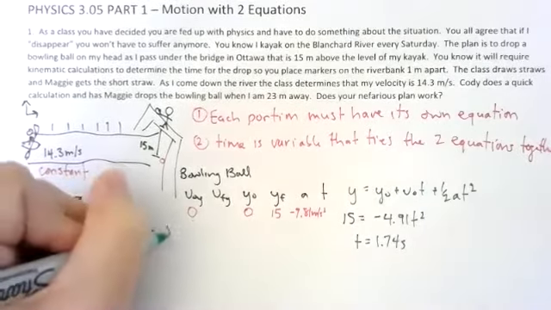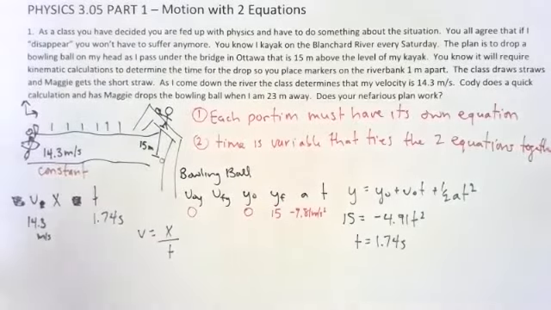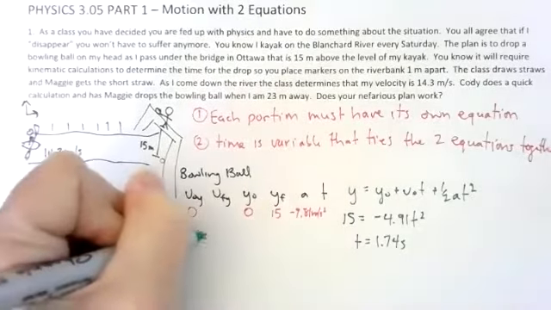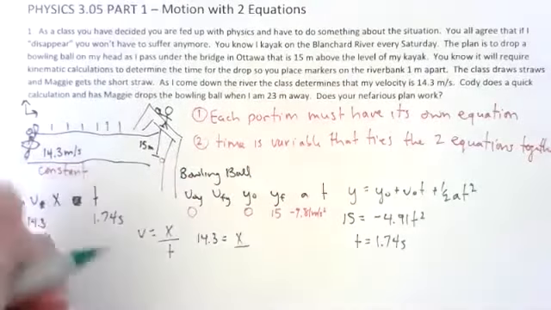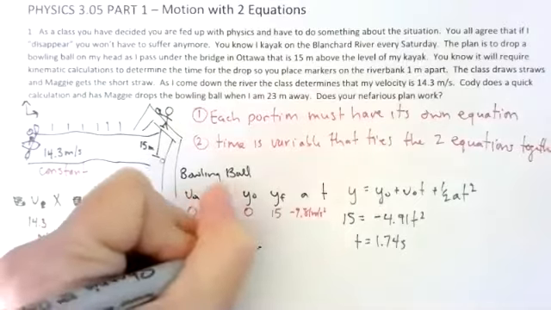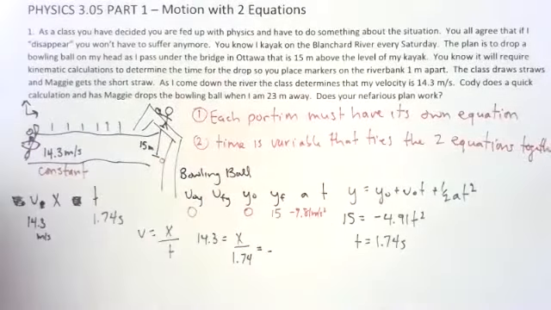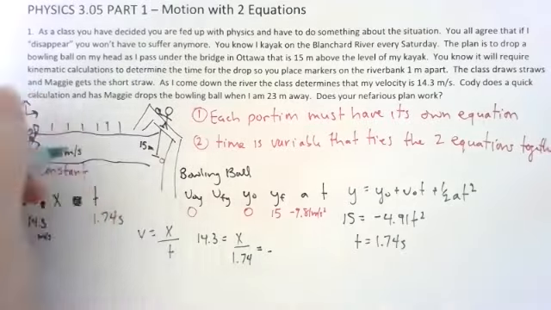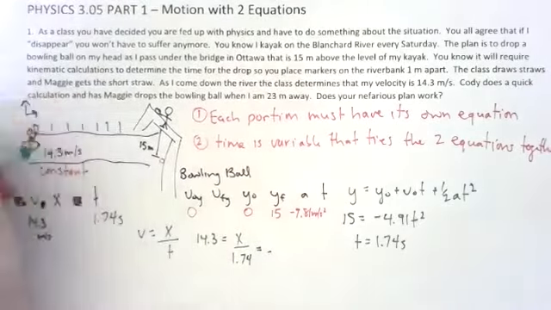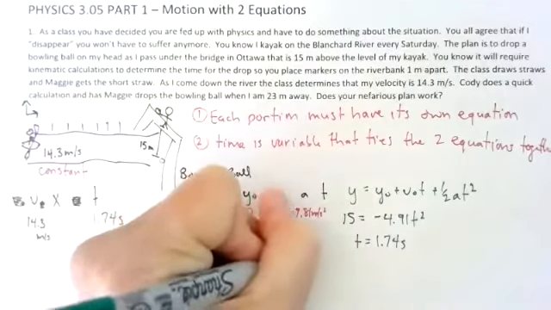We know velocity equals displacement over time. So if I take 14.3 equals x over 1.74, I get negative 25 meters. It would be negative because if this is 0, that would be the negative direction.